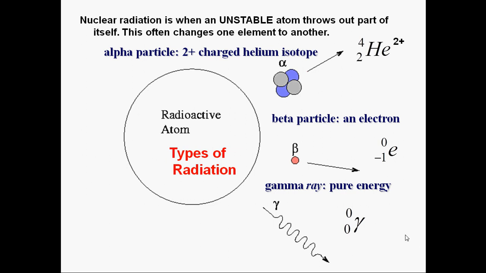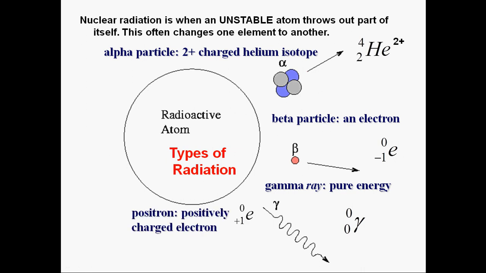Now, the way that we represent a gamma ray in isotope notation is we have a gamma right here, which kind of looks like a weird Y, I guess you could think of it. And this gamma ray has no protons, no neutrons, no electrons, no mass, no matter whatsoever. It's just energy. So the mass is 0 in the upper left-hand corner, and the number of protons is 0 as well.